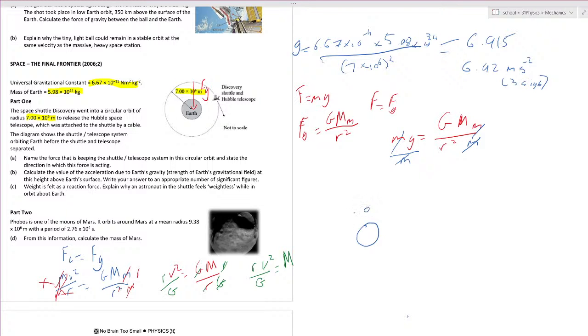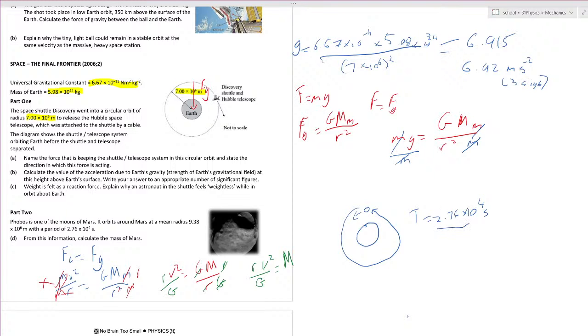If I imagine it's going to go around this planet once, that is going to be the period which is given to me. So the period is 2.76 times 10 to the 4 seconds.